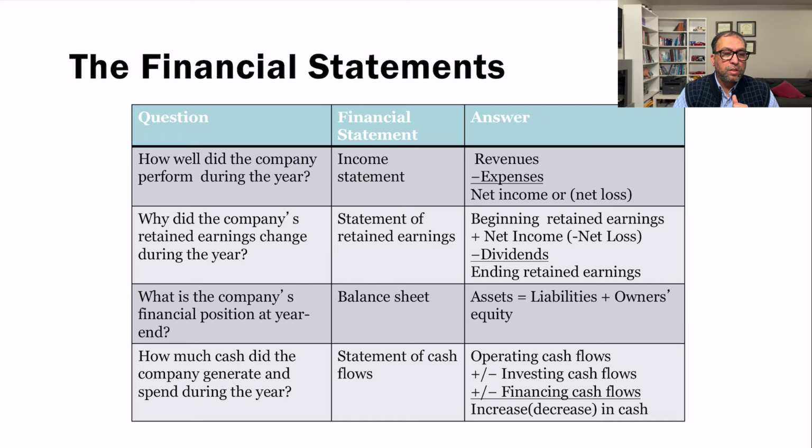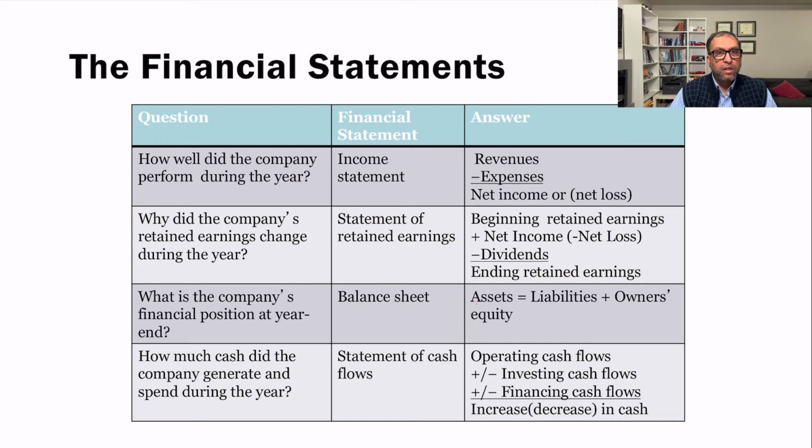Now, if the question is why did the company's retained earnings change during the year, then we have to look at the statement of retained earnings, because that is going to give us the real answer for why there is a change in retained earnings. How do we calculate it?